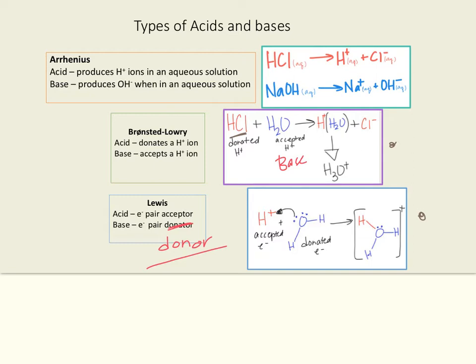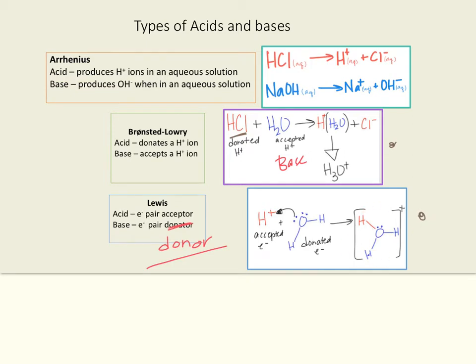So if you look here, this right here is how this reaction is working. The lone pair of electrons on oxygen are being donated to this hydrogen. And so the hydrogen is the electron pair acceptor, and the water is the donor, and it can produce hydronium.